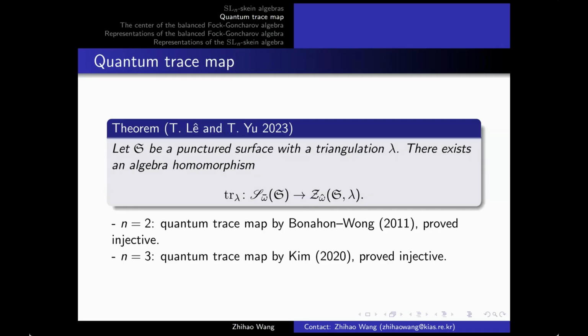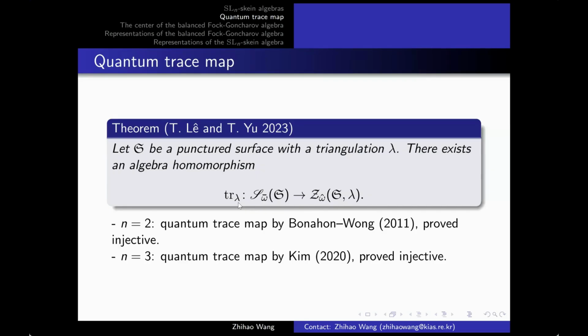One obvious thing is that if we can prove that it is injective, it is well known that this guy is a domain, and then we can prove this guy is a domain. But now we cannot prove this for general n. Another important thing is that for SL2 and SL3, there's a basis for this guy, and all these basis elements behave very well under this quantum trace map, especially the highest term.